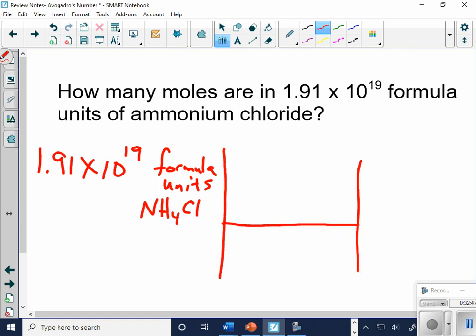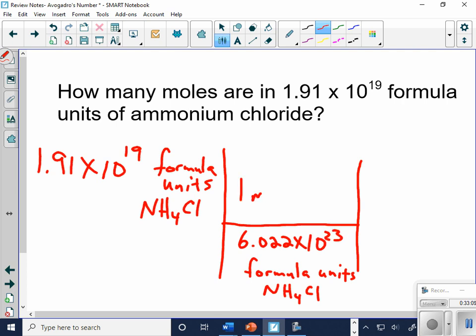So, here we go. I have my conversion box, and I know that I want formula units of ammonium chloride to cancel. Well, I know that I have Avogadro's number of formula units, and that is equal to 1 mole of ammonium chloride.